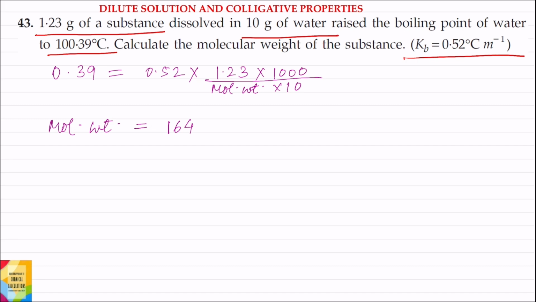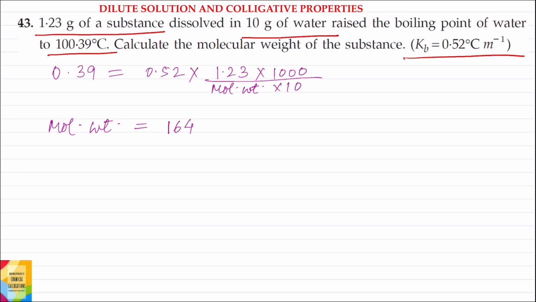Now on adding solute, the boiling point was raised to 100.39 degrees centigrade. Means pure water's boiling point is 100 degrees centigrade. On adding the solute, the boiling point of the solution is 100.39 degrees centigrade.